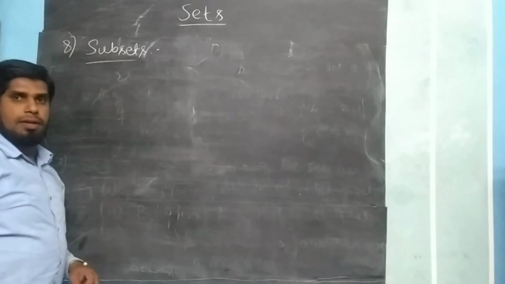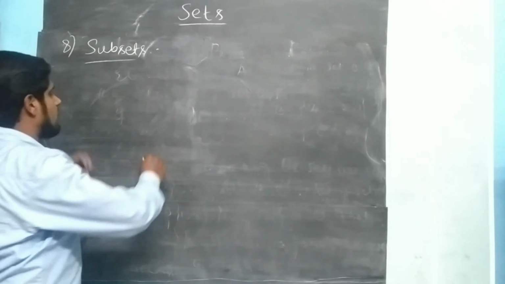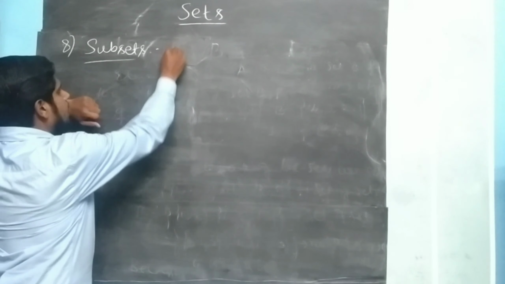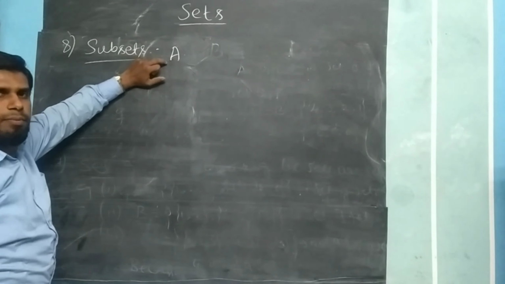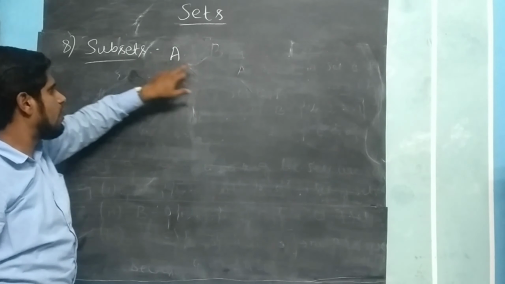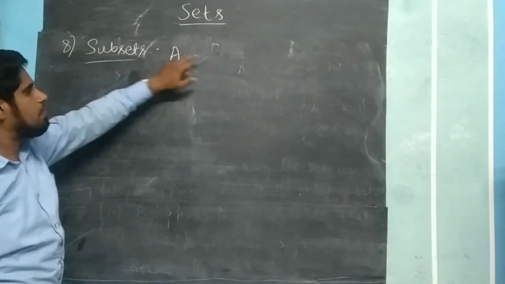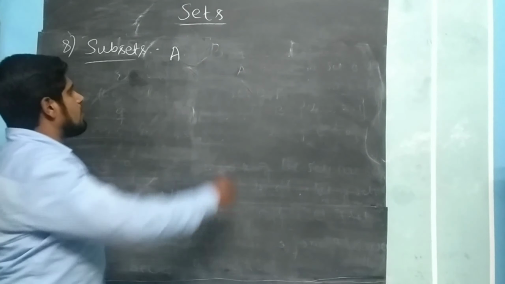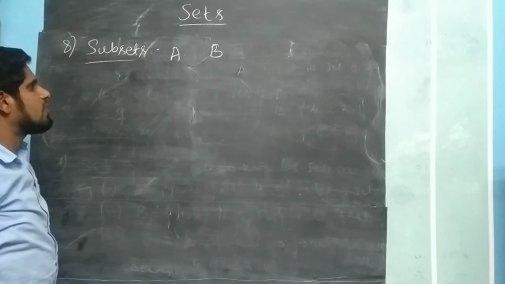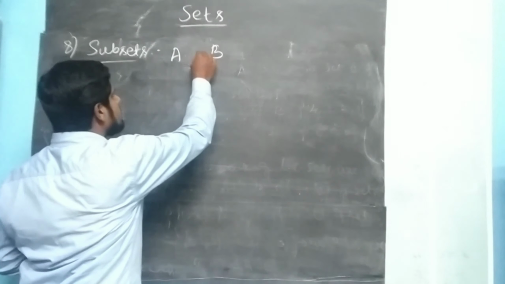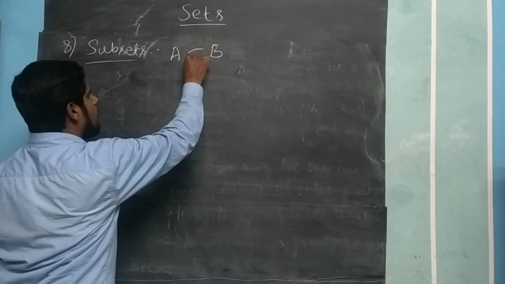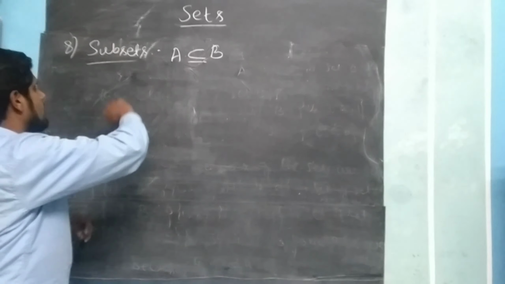Here, if every element of set A must be present in set B, then set A is called a subset of set B, and the subset symbol is denoted like this.